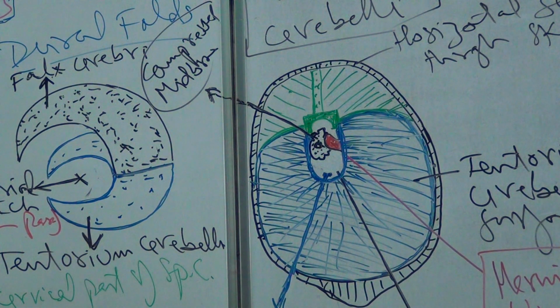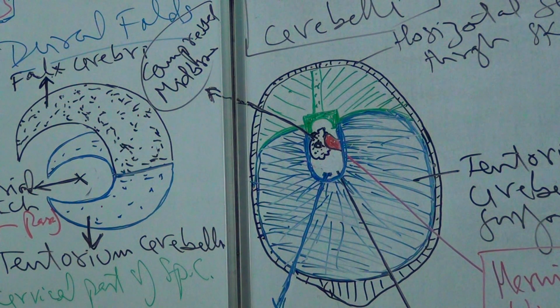So herniation of the uncus through the tentorial notch may compress the midbrain to one side. What will be its effects?